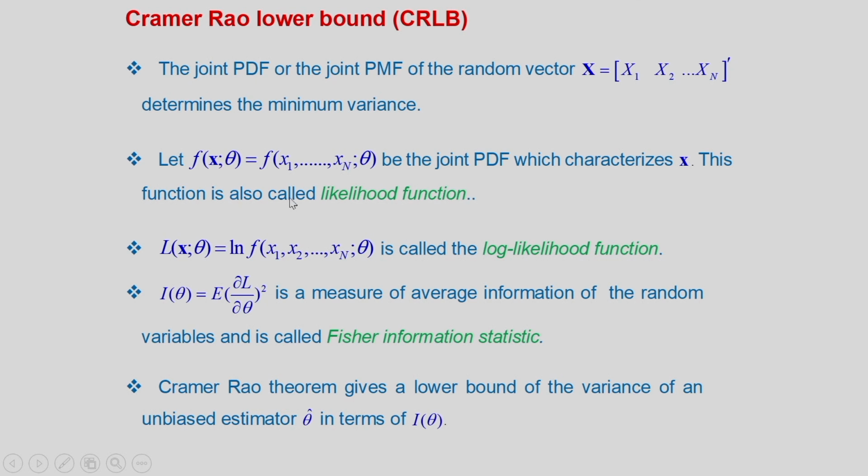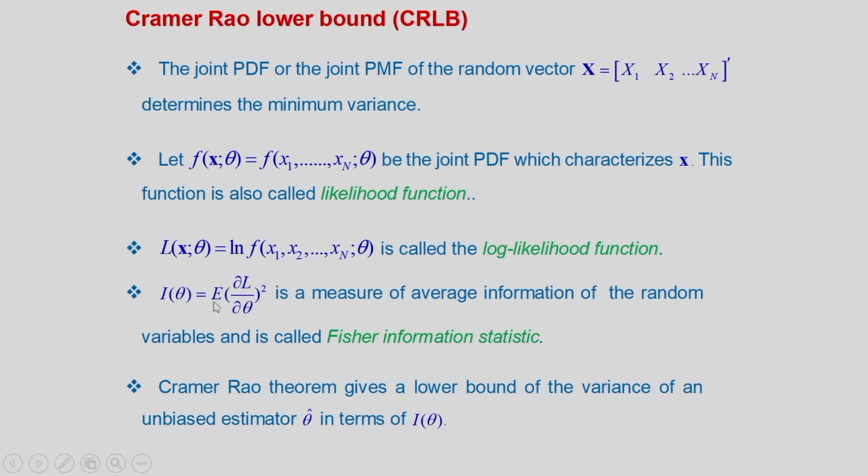This function is also called likelihood function. So, this is the likelihood function which is a function of theta, and we denote it by capital L. Now, if we take the logarithm, capital L x; theta, that is the log of this likelihood function, it is called the log likelihood function. Now, we define a term known as Fisher information statistics I theta.